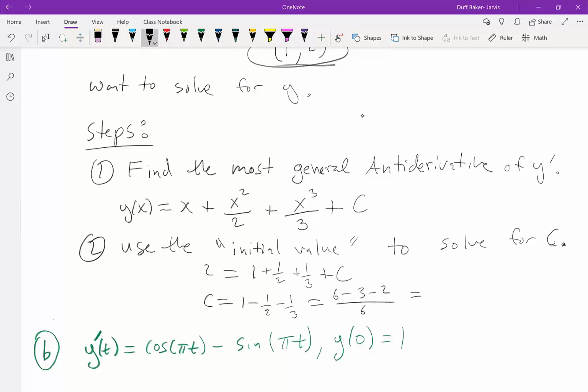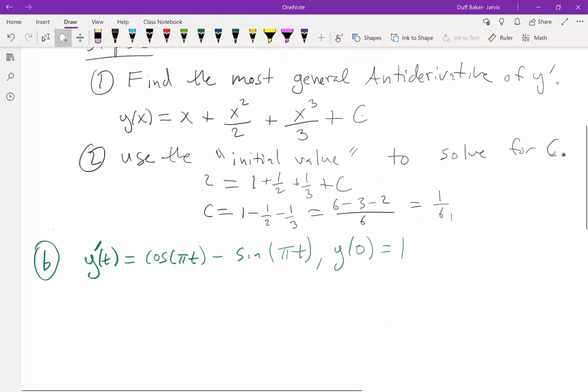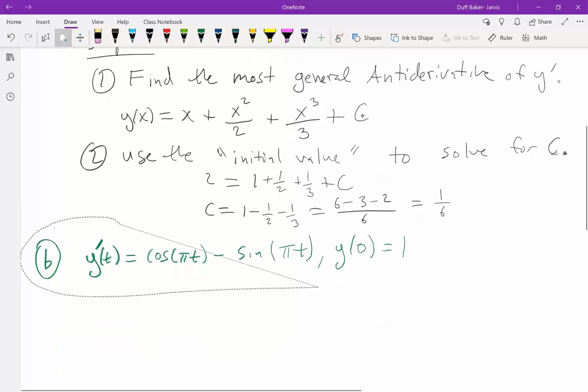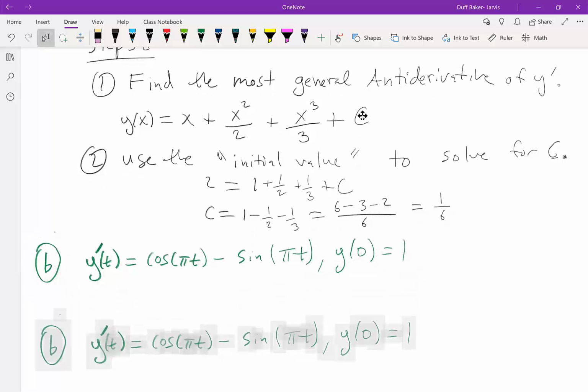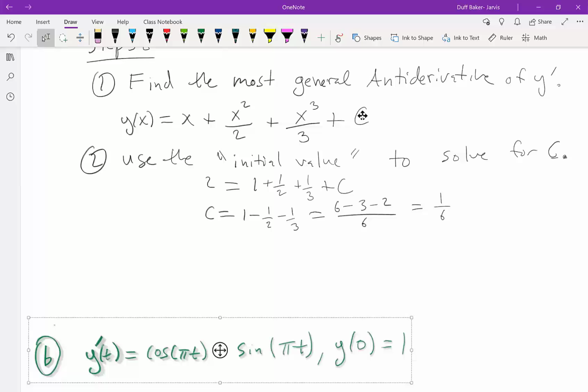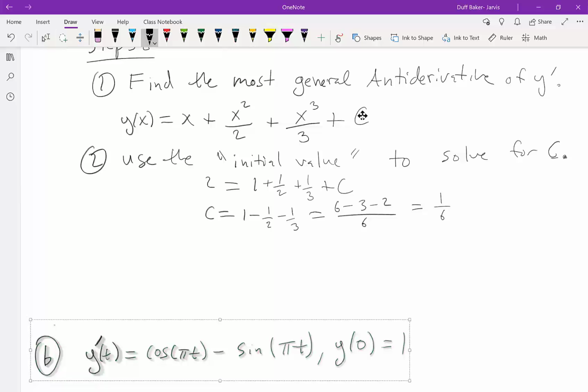So that's c is 1 sixth. Yeah, so we found that c is going to be a sixth.